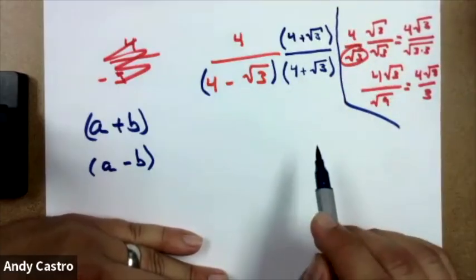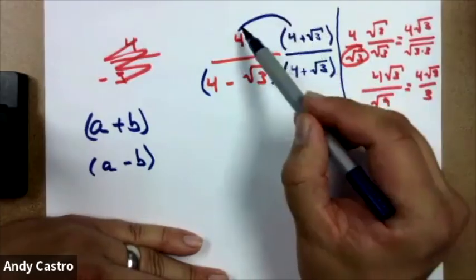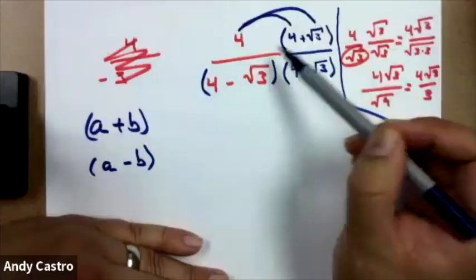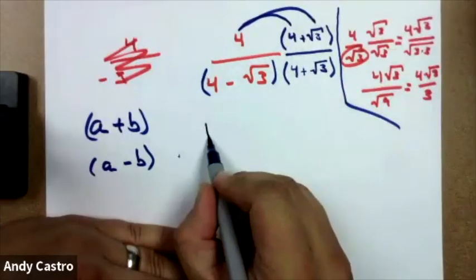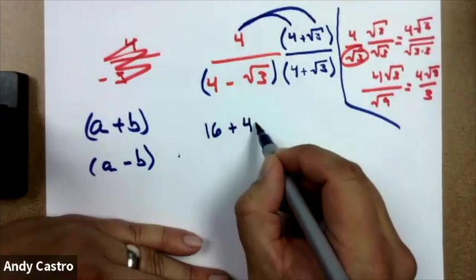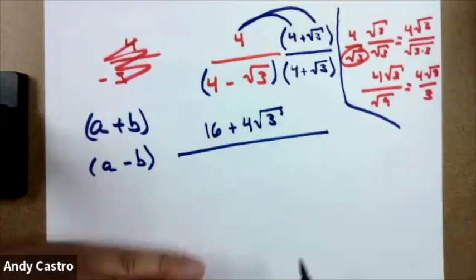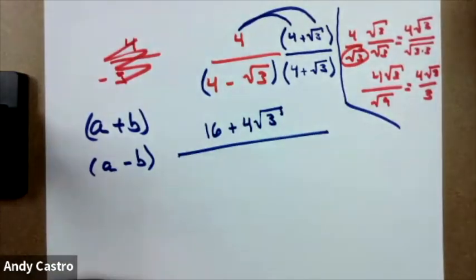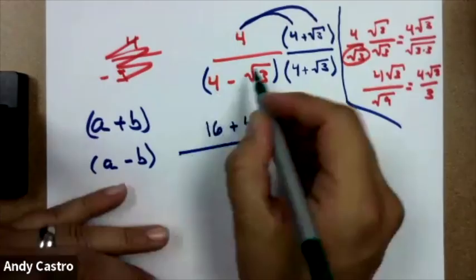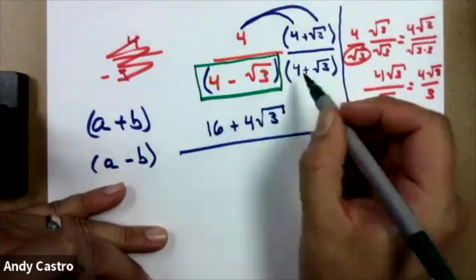Okay, so now let's look at the top. I'm going to multiply through the 4. 4 times 4 is 16. 4 times root 3 is 4 root 3. Okay, now this is where I'm going to show you how this cancels itself.